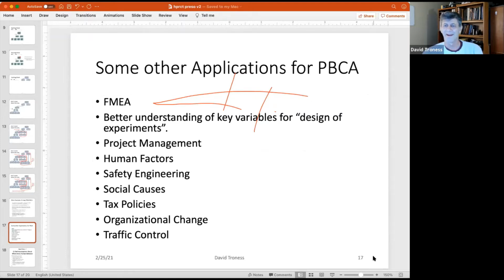Oh well. Other applications. Personally, I think FMEAs are often done in a manner that is way too superficial and quick. When we say what are the potential ways something could fail, identifying those things ought to be done, or the way I do it is definitely in conjunction with this kind of causal analysis, and to be much broader and deeper.